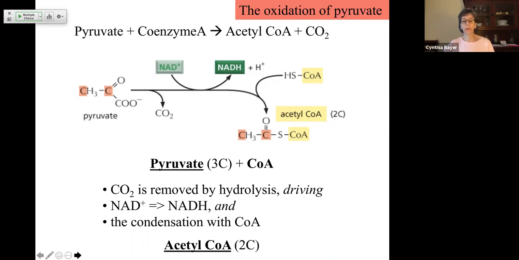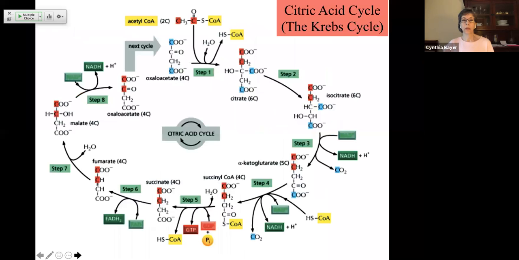So what happens to acetyl-CoA? That is a starting reactant that's fed into our citric acid cycle. Citric acid cycle, sometimes called the TCA cycle for tricarboxylic acid, because citrate, which is formed in the first step, is a tricarboxylic acid.